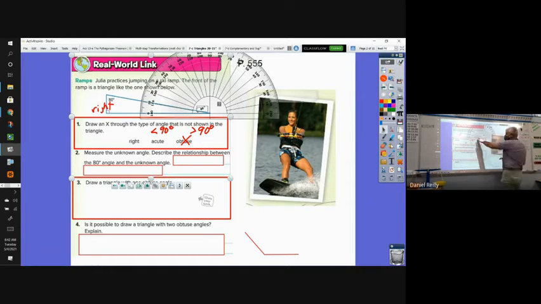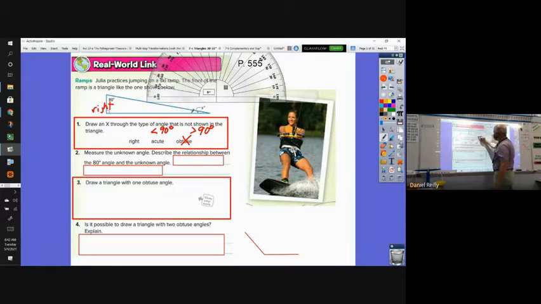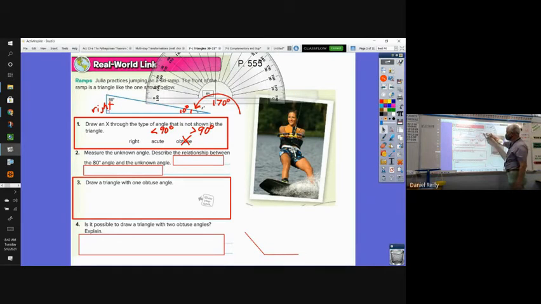Well, this angle is 10 degrees, okay? This is 10 degrees. Nope. This angle right here is 10 degrees. This angle is 170 degrees, okay? The protractor has two scales on it, right?